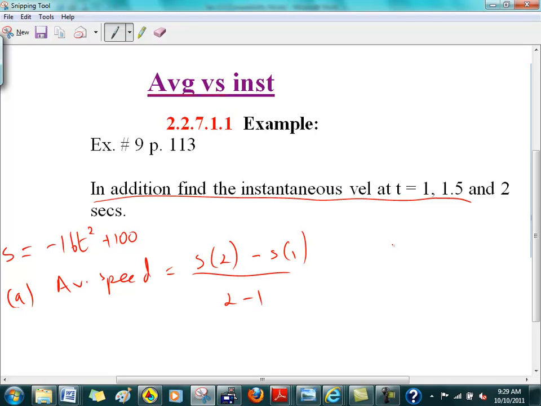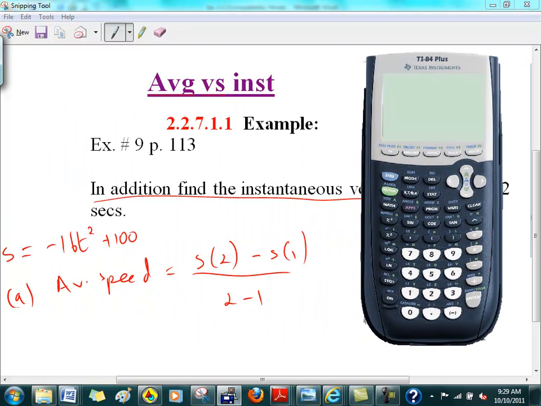Now you guys know how to do this nicely on your graphing calculator. What would you do? What's the first thing you need to do? Yeah, turn it on, be a good idea. And then you need to put the function in y1.